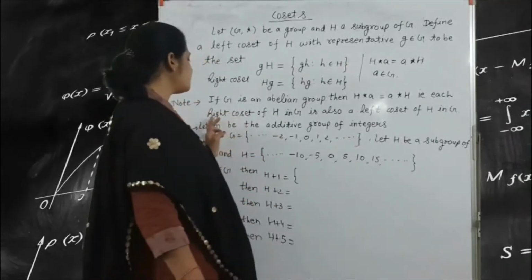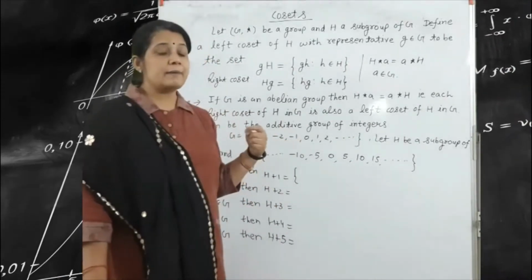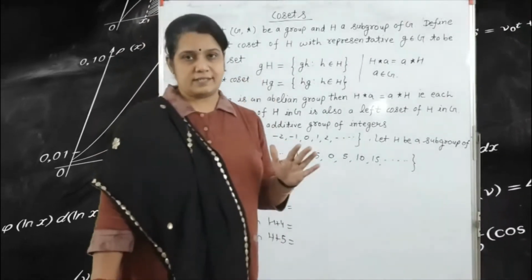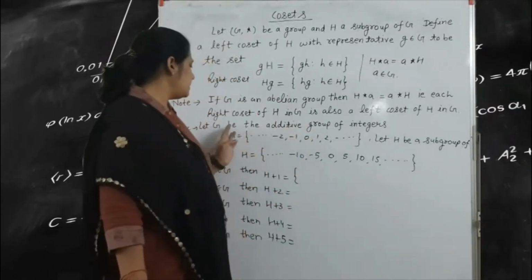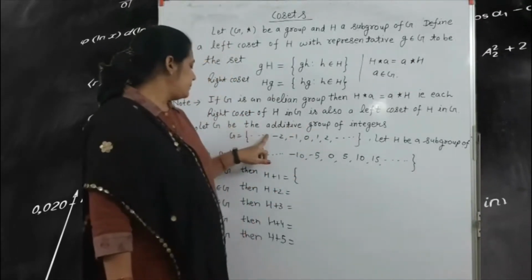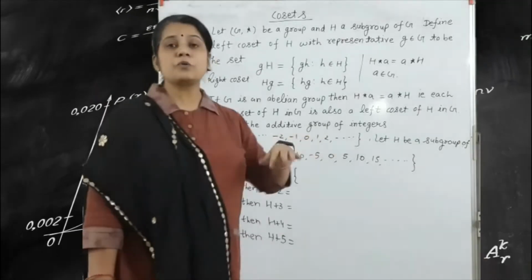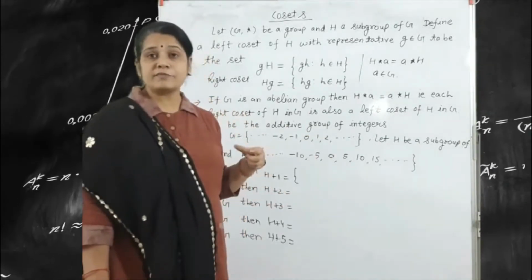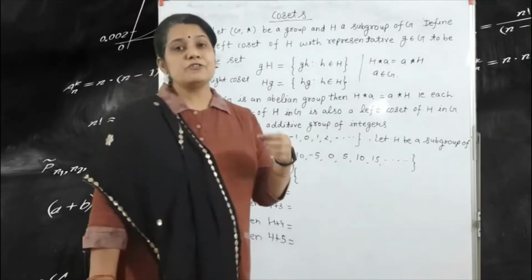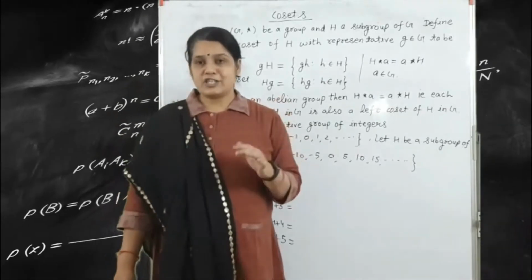So here we are given an example depending on the cosets. Let capital G be the additive group of integers, that means we use the operator of addition type.